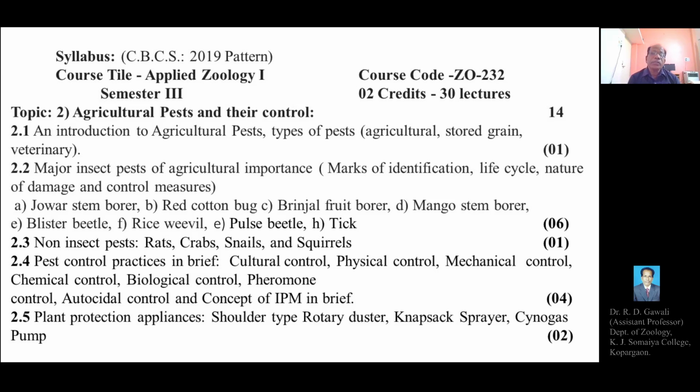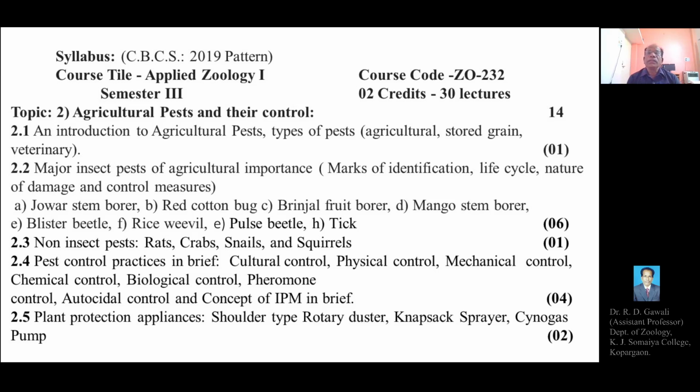And for the application of these pesticides, we have to use the plant protection appliances, whether in the form of powder pesticides, liquid pesticides, or fumigants.